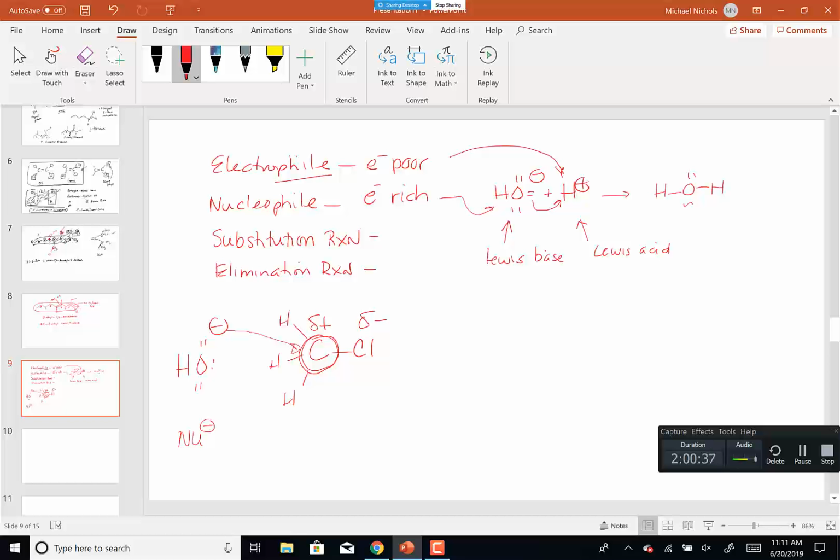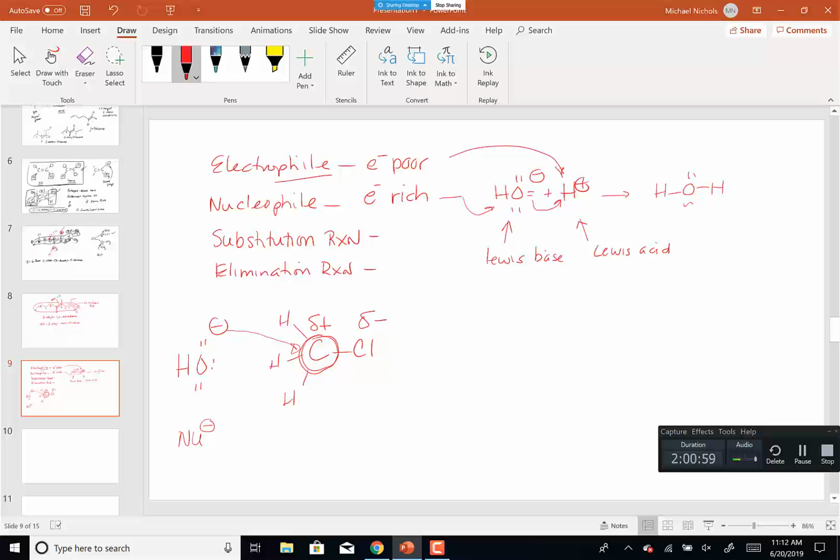So who's going to leave? The chlorine. You could say, well, why not the hydrogens? Because the carbon is actually sharing its electrons with the hydrogens tighter, because the electronegativity difference isn't as much. That's a more pure sharing than it is with the chlorine.